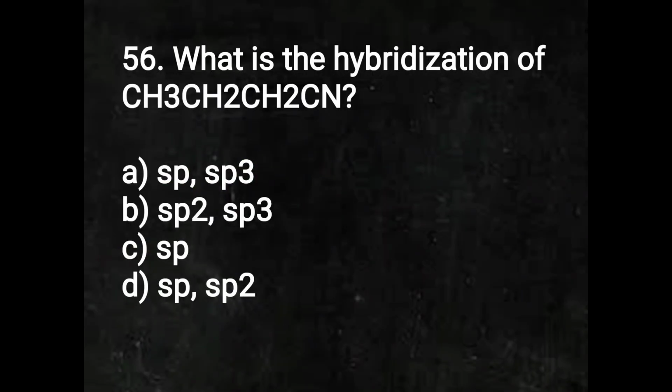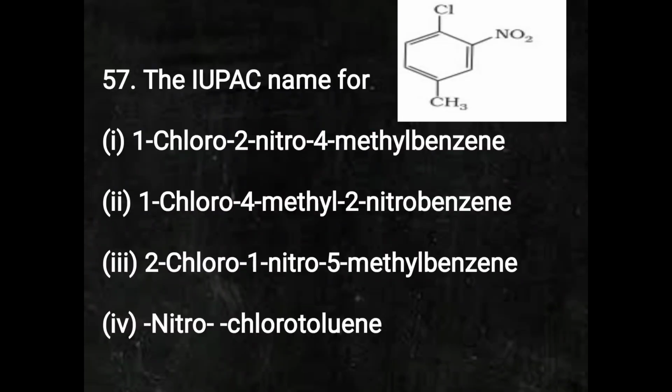Which is the hybridization of this complex? Option A, sp and sp3 hybridization. The IUPAC name for this compound is 1-chloro-4-methyl-2-nitrobenzene.